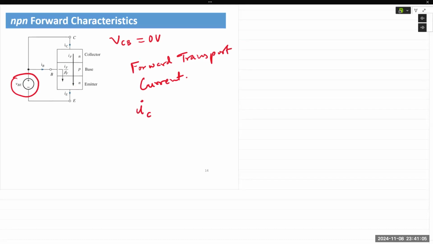So we can write IC is the forward transport current, and we can write IC is equal to the saturation current, IS, e raised to VBE divided by the thermal voltage, VT. Hopefully that rings a bell from chapter 3 for the diodes.